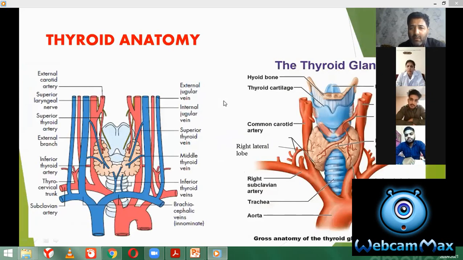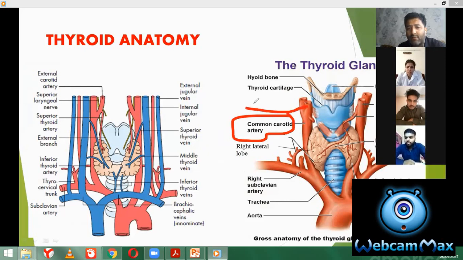Clear? Yes. Now coming to the blood supply. See here, you have this common carotid artery. This common carotid artery divides here into two arteries, the internal carotid artery and the external carotid artery.